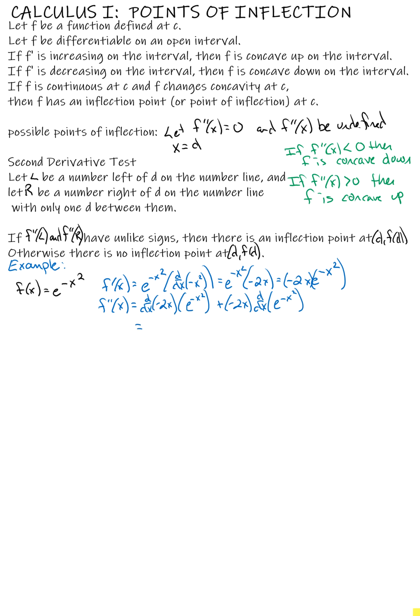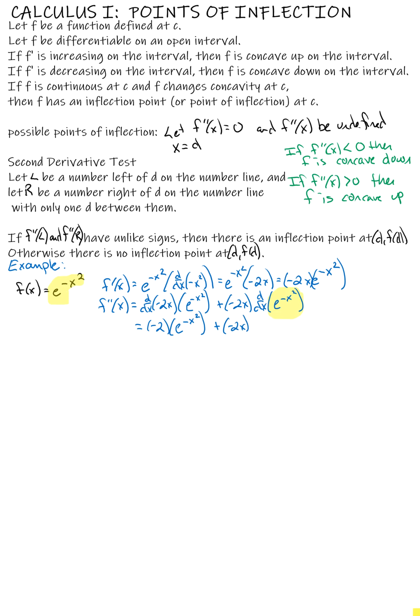All right, so what does that give us? The derivative of negative 2x is simply negative 2. And keep that second part, e to the negative x squared, as is, plus the next part, we have just negative 2x times the derivative of e to the negative x squared. Now notice what this is here.